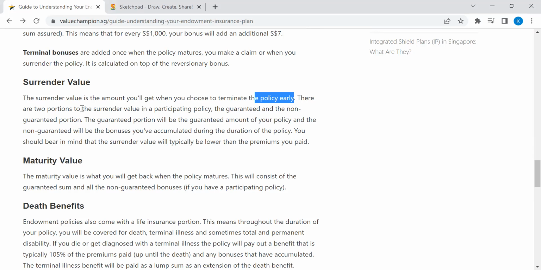The projected surrender value will be shown in the product illustration as well. Usually it's not a wise thing to surrender early, because surrendering early tends to incur losses. So you only want to surrender your endowment policy when you have no other options.